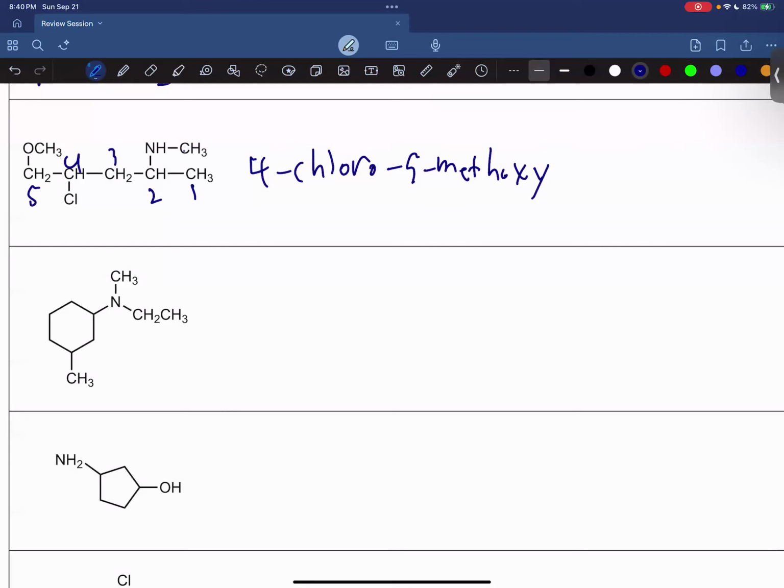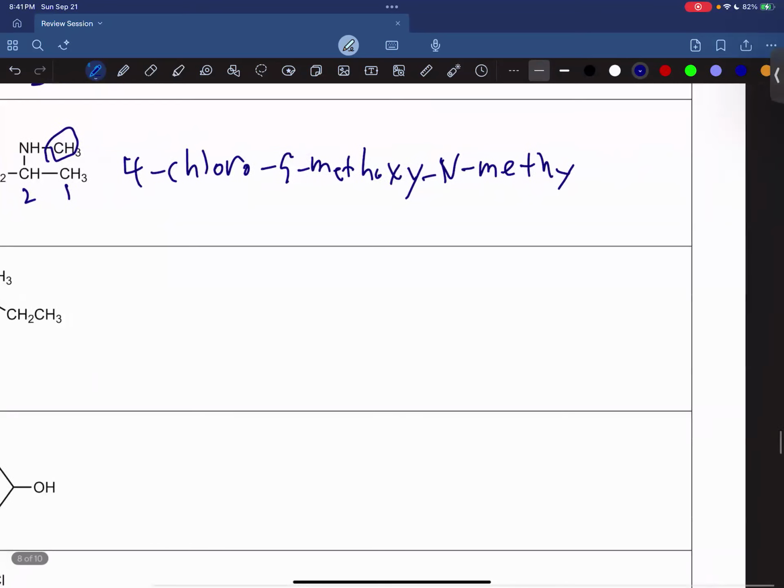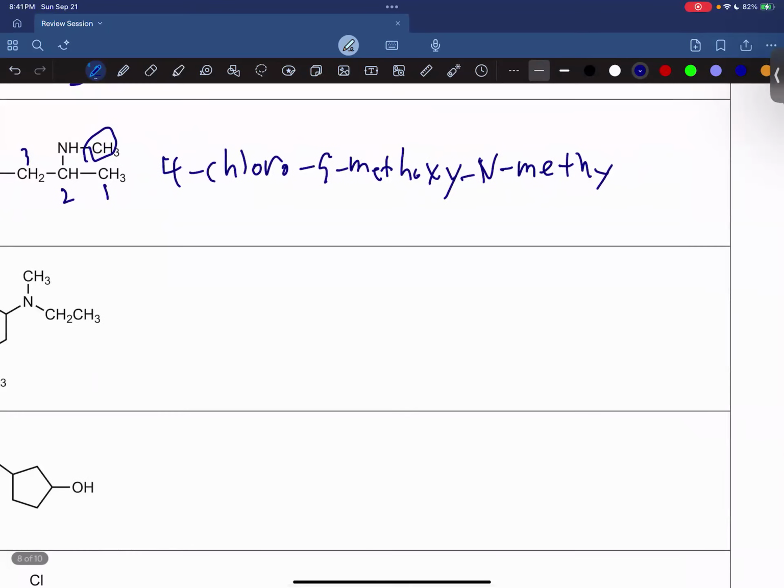We also have to notate this group here as a functional group, so this will be an N-methyl. And finally, we're going to put it in our pentane group, which is pentan-2-amine. I know that's really bad handwriting, so that's hard to read. Let me know.